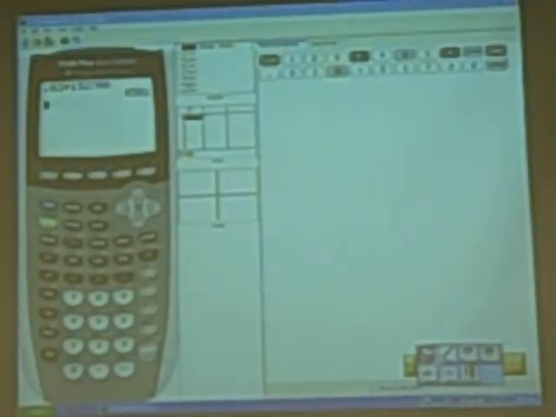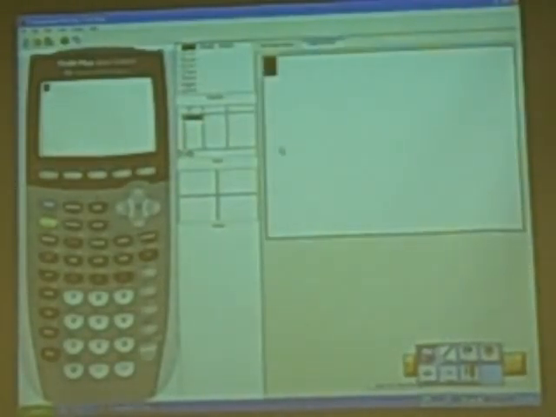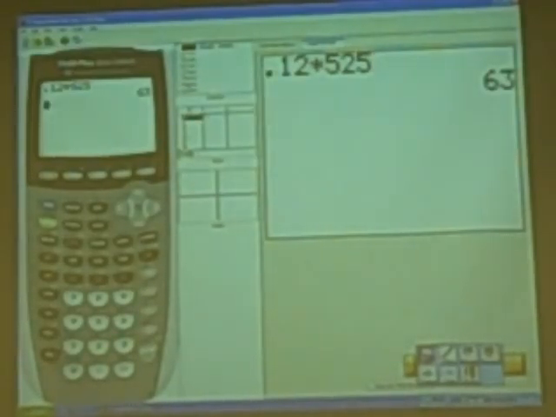Whenever you're working with a TI calculator, it's a good idea to clear anything else you had from before. You don't want other things interfering, it's a good way to get distracted. Okay, so that's 0.12 times 525, and we get 63.